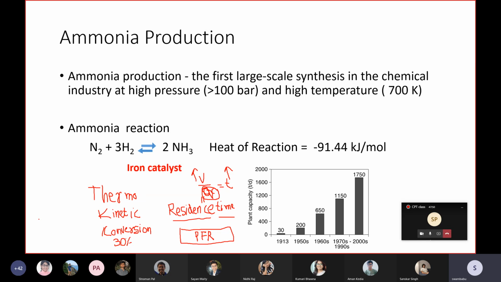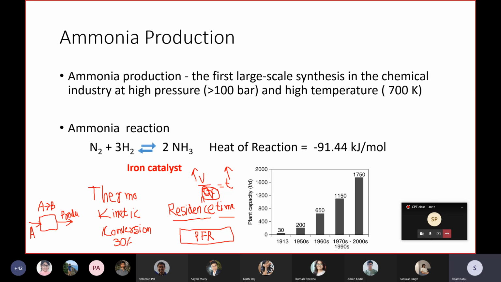Let's say this is the reactor and A gives B is happening. Let's say we are sending A here and we are getting products after the reaction.